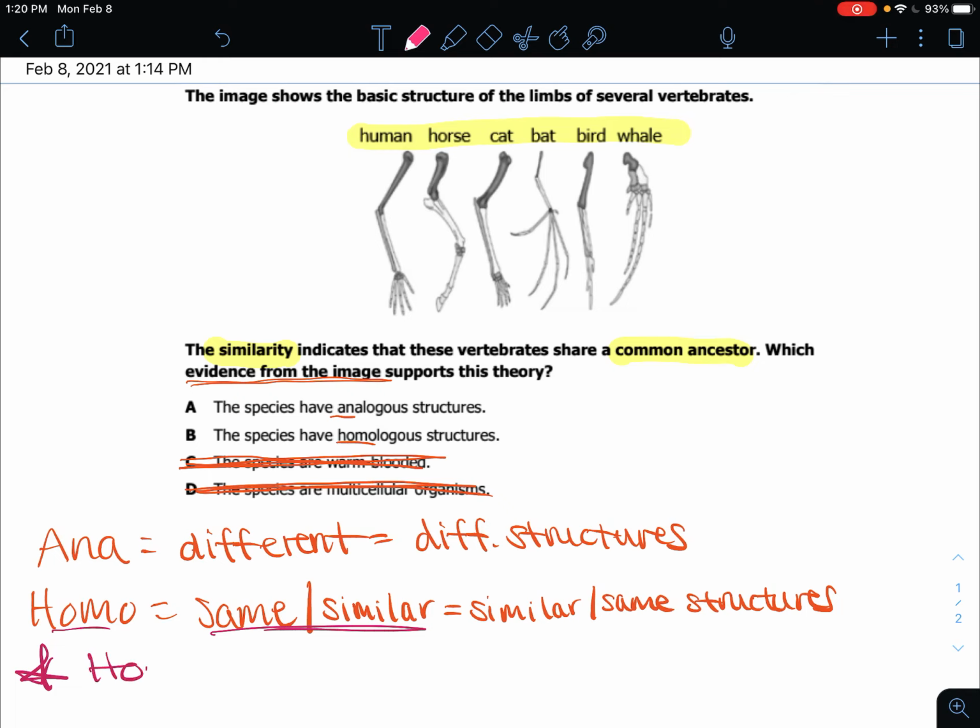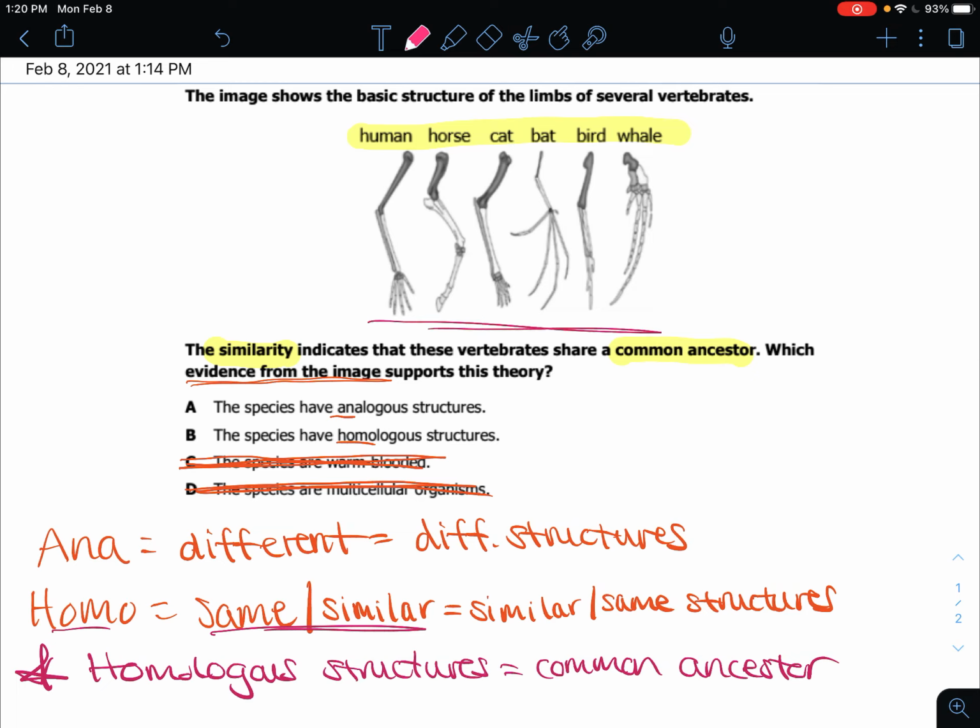So we're going to say homologous structures equals common ancestor. Great. So this picture is talking about, okay, we have all these images of skeletons from different species. They look similar. And it already told us they share a common ancestor, right?